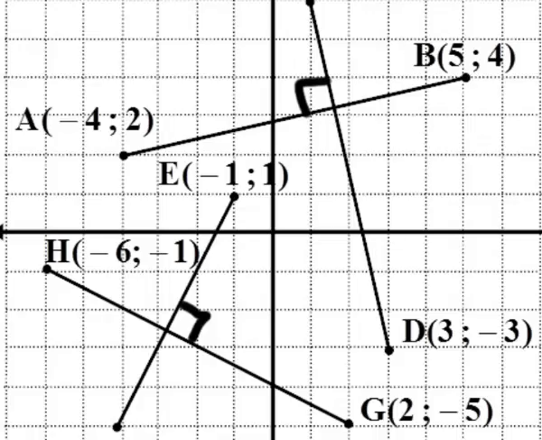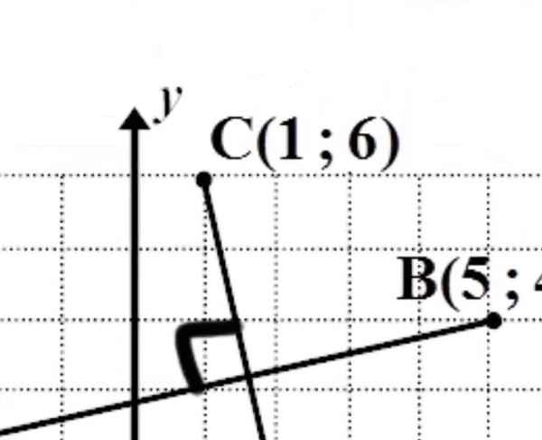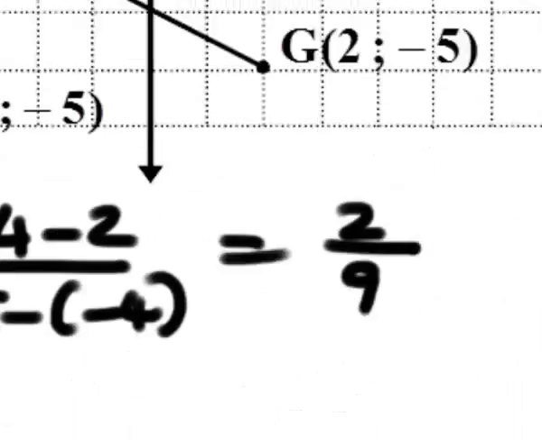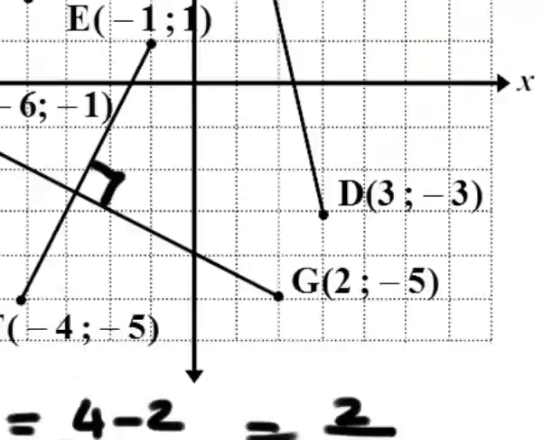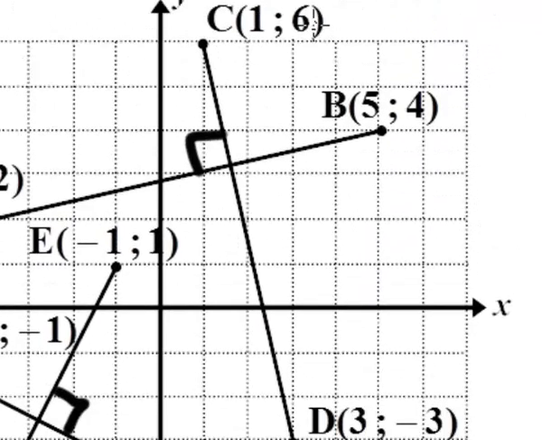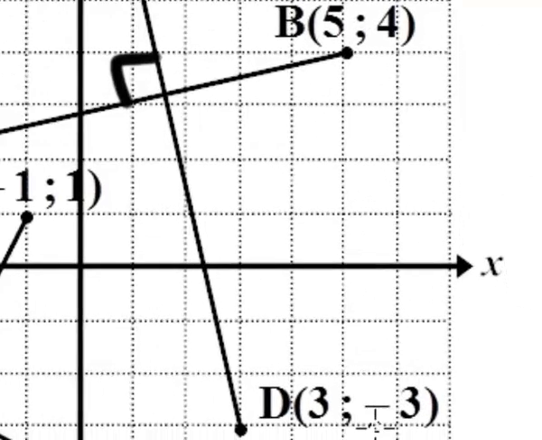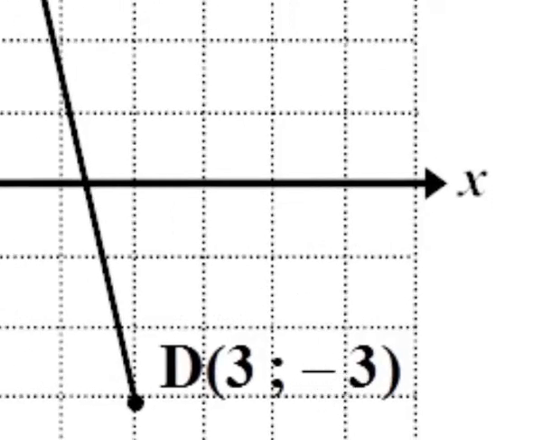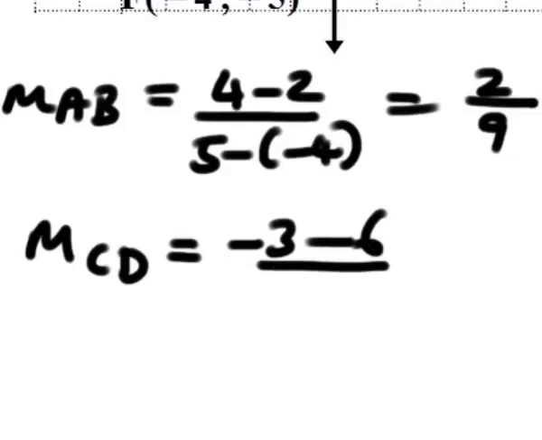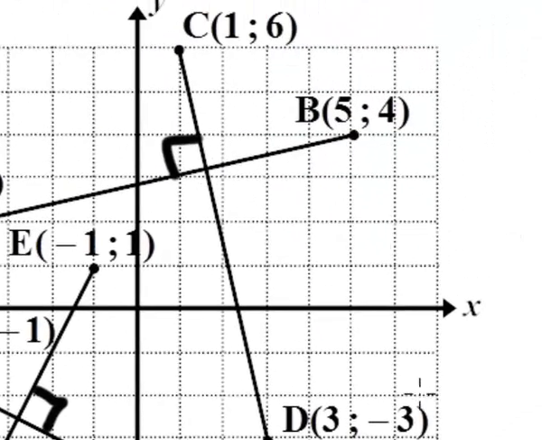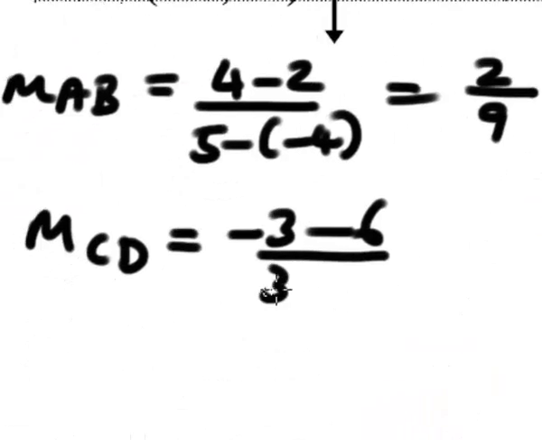What about the gradient of CD now, this line? Well, let's have a look. The gradient of CD is going to be the y of C minus the y of D, or the other way, the y of D minus the y of C, it doesn't matter. So let's go y of D, negative 3 minus 6, and then 3 minus 1.